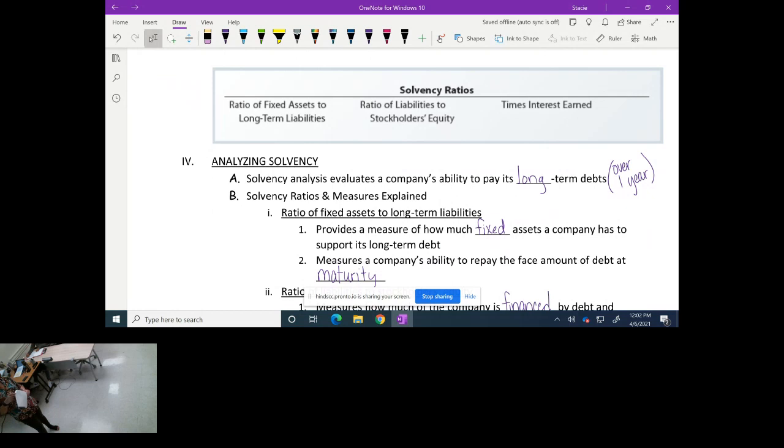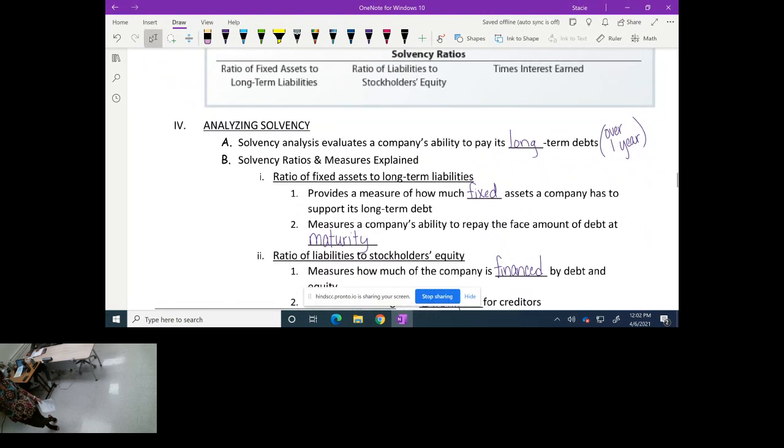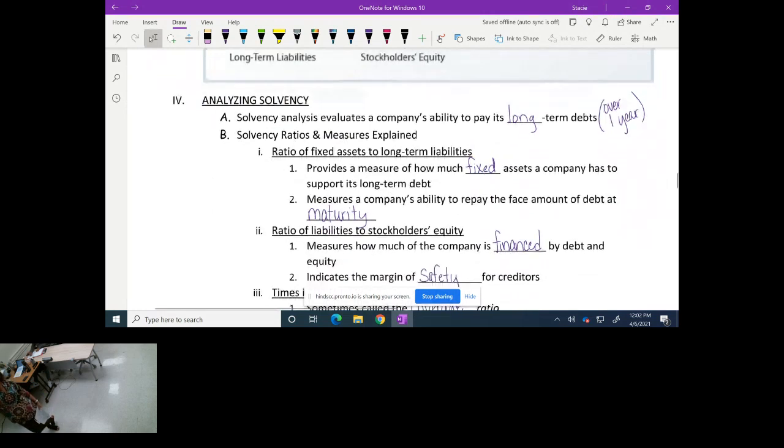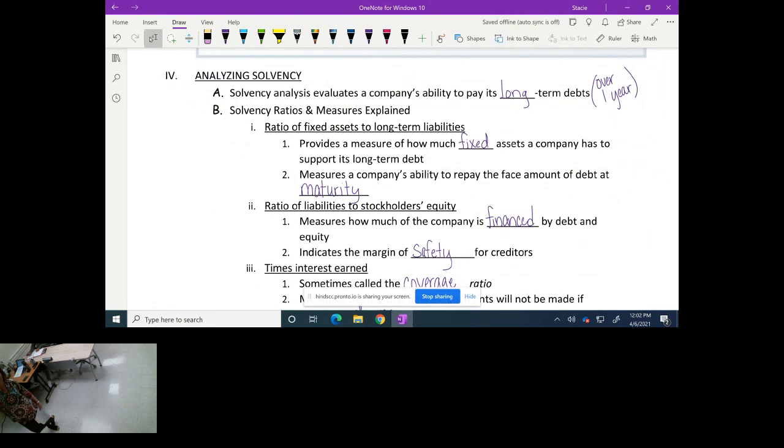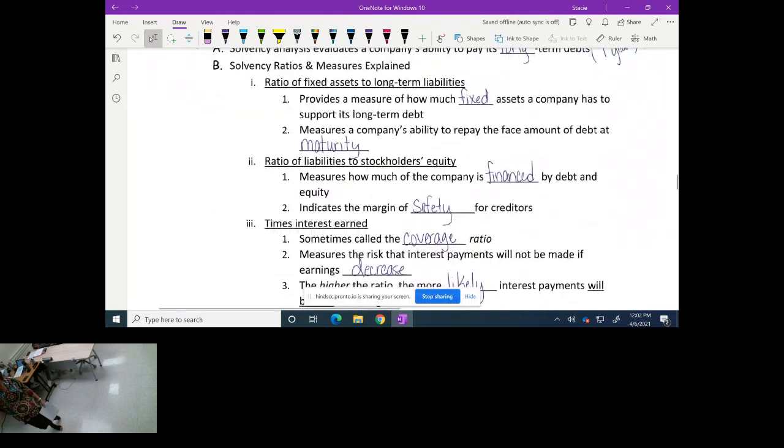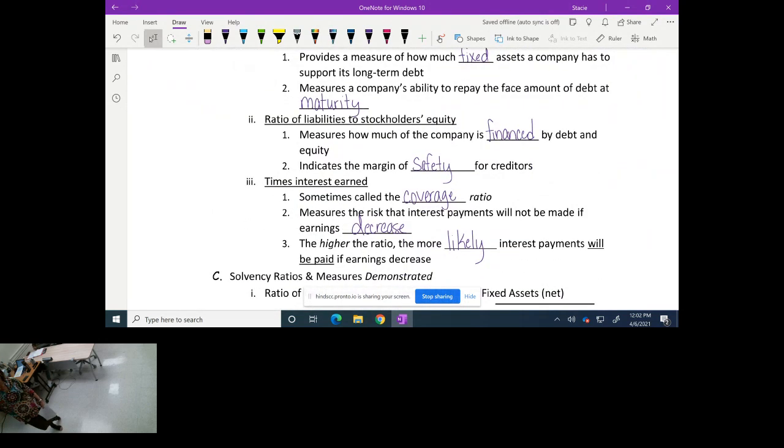That's true. All right, so solvency ratios. Let's look at these real quick because we're almost to the stopping point. Solvency shows a company's ability to pay long-term debts. We've got a ratio of fixed assets to long-term liabilities, which measures how much fixed assets a company has to support its long-term debt, and its ability to repay the principal amount of its debt at maturity.